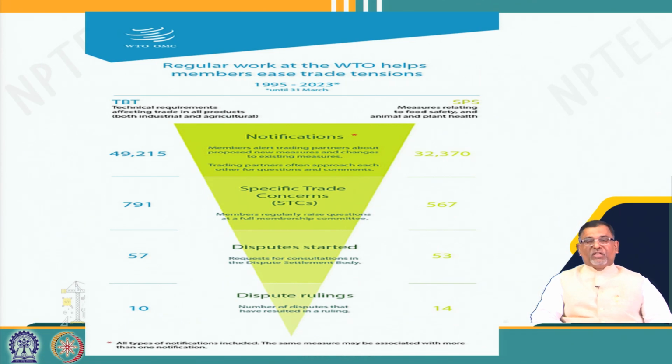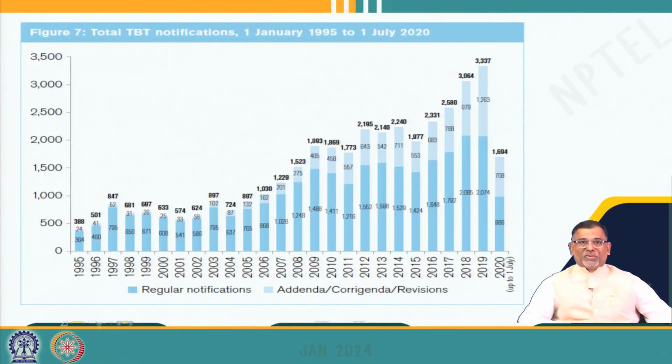On the other hand, 14 SPS cases came to the dispute settlement body of the WTO. So, when we compare these two, you can see that the TBT measures are more. More technical regulations are questioned or reported to the Committee on Technical Barriers to Trade rather than to the Committee on SPS.